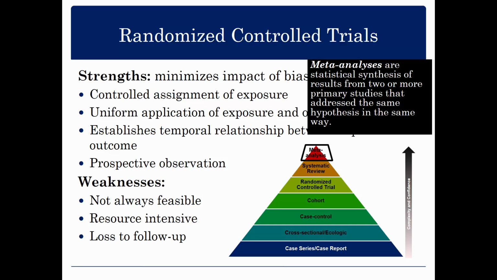So it will take the actual results from two or more primary studies that addressed the same hypothesis or research question in roughly the same way and attempt to kind of average out the overall findings to give an overall estimate of the treatment effect from multiple studies. This is usually done using analysis of variance techniques and regression techniques.